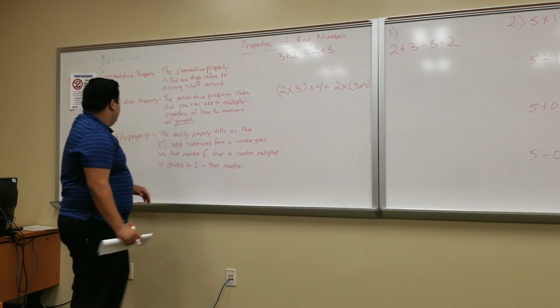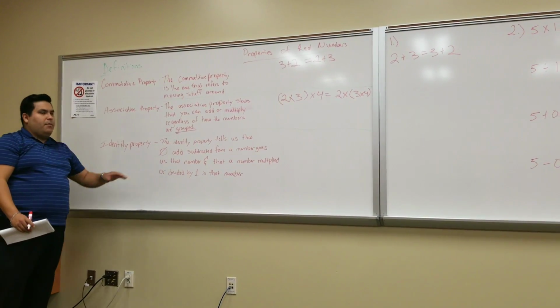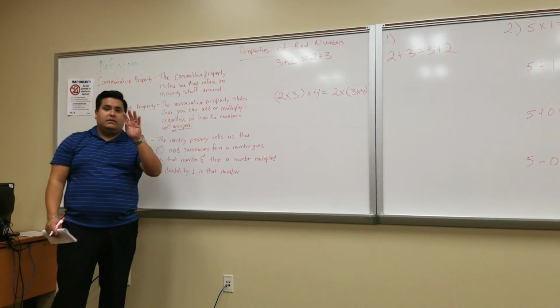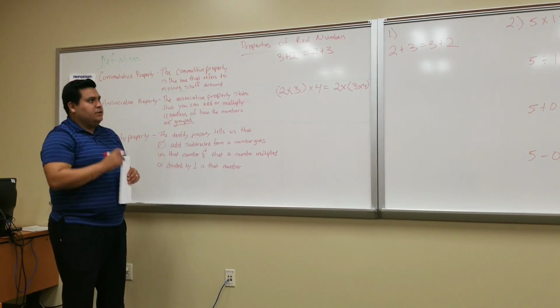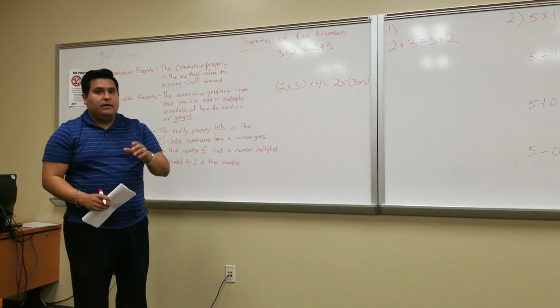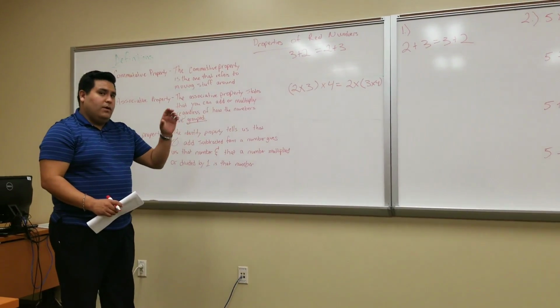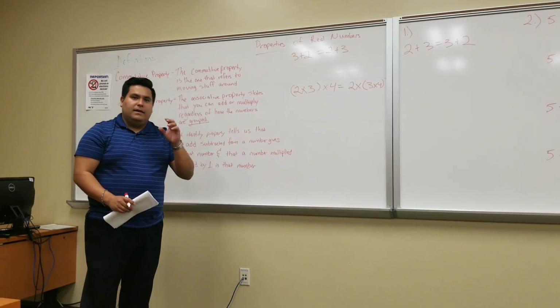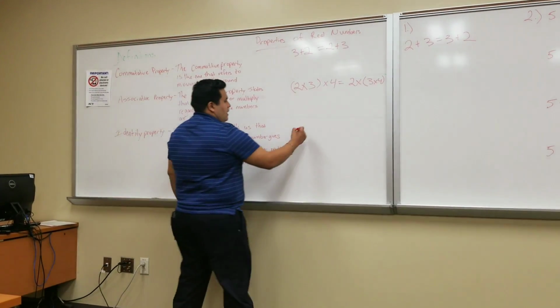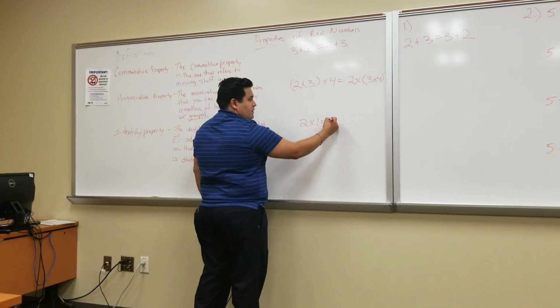Okay? The last we're going to look at is a little bit of a larger property. It's the identity property. What the identity property tells us, it actually tells us 4 things. It tells us that any number multiplied or divided by 1 is that number, and it also tells us any number where you add or subtract 0 is still that number. So for instance, if we have 2 times 1, that's going to give us 2.